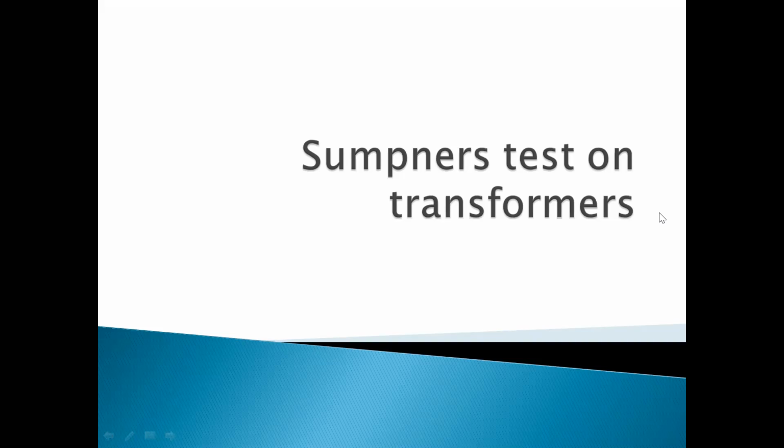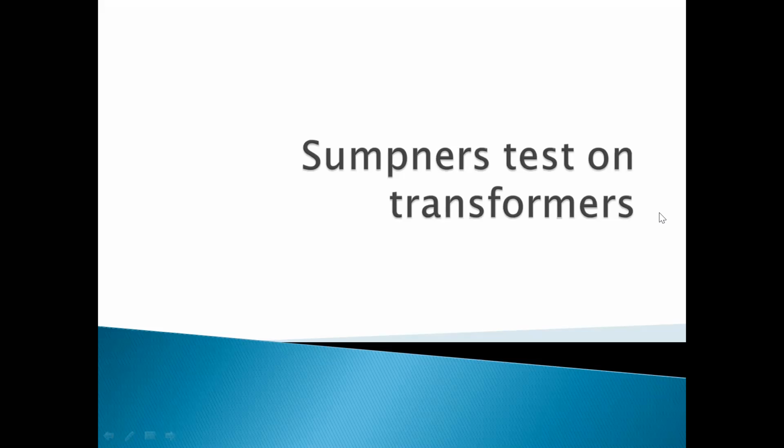So we can determine efficiency, regulation, and temperature rise. Oil temperature rise of the transformer is measured with the help of Sumpner's test. This test is also called the back-to-back test or temperature rise test.